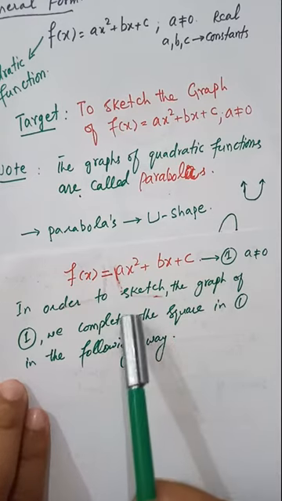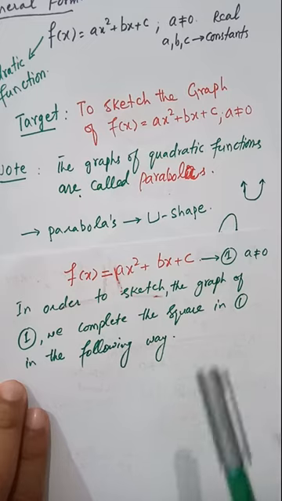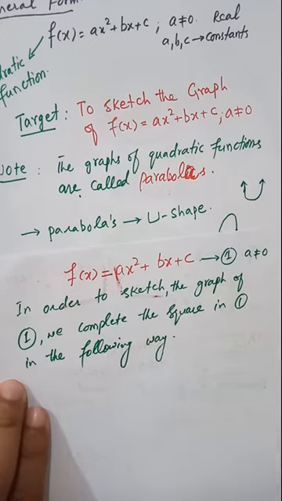Remember, by the sketch I mean whether the branches will open upward or downward. If this function is quadratic, the sketch is always a parabolic U shape.